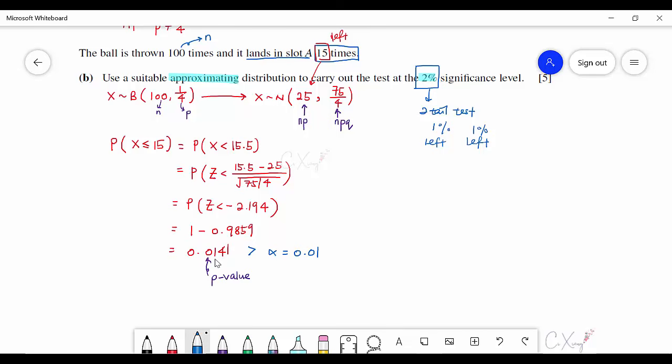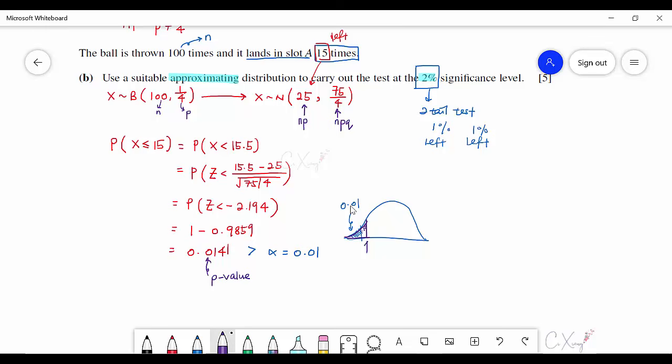So the p-value is greater than alpha, which is 0.01. You can try to imagine that we have this area, which is 0.01, and the 0.0141 is actually more than the 0.01. So the purple color area is more than 0.01.